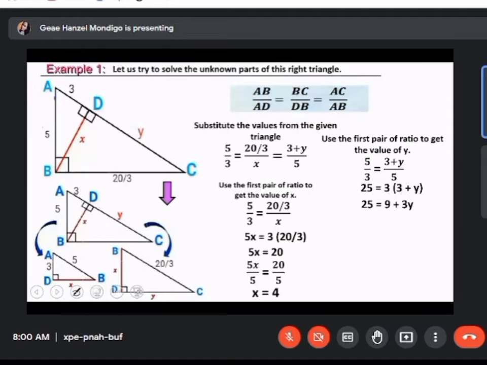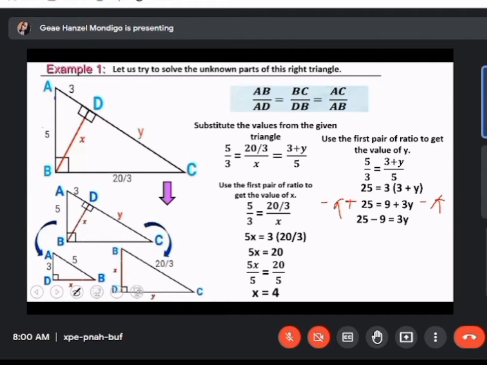So simplify by applying the subtraction property of equality. We have to subtract both sides by 9. Then we have 25 minus 9 kay makancel naman ni siya duha, and then 3y ang mabilin.